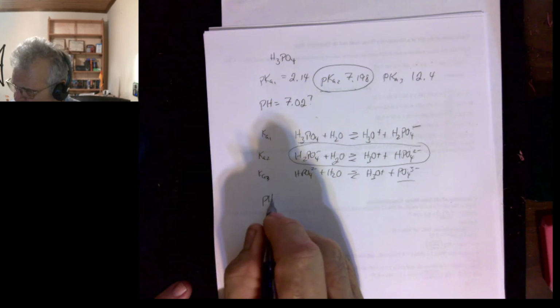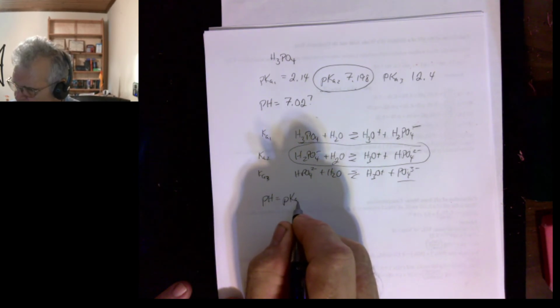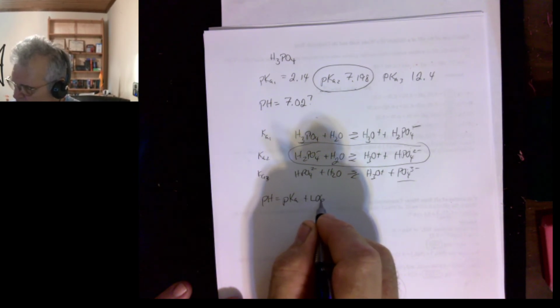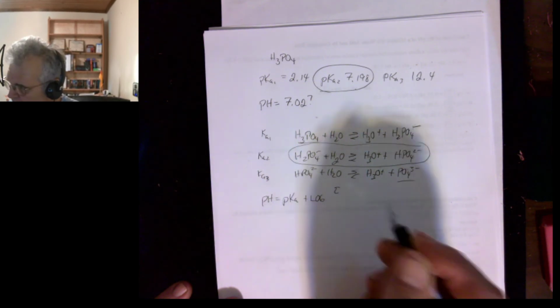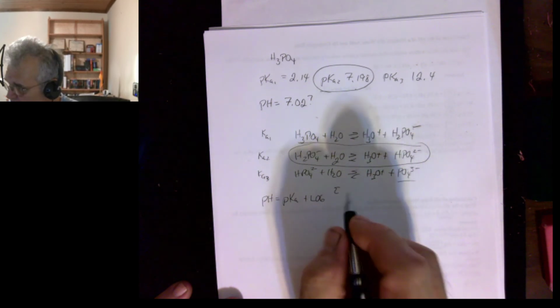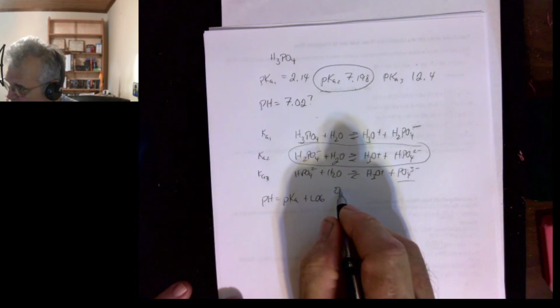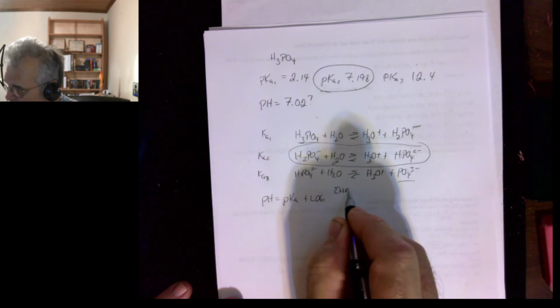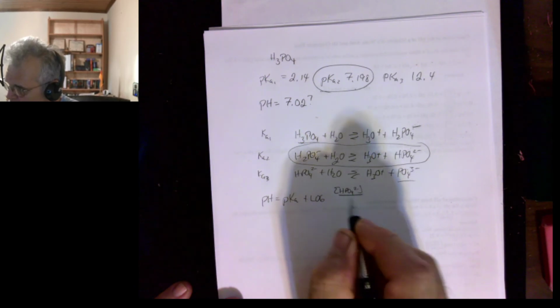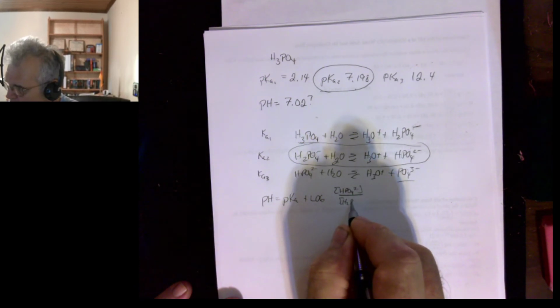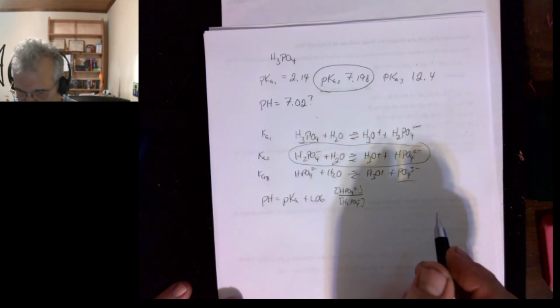So I have pH equals pKa plus the log of, in this case, products over reactants. But we want the conjugate base, that's HPO4 2 minus over H2PO4 minus. Okay?